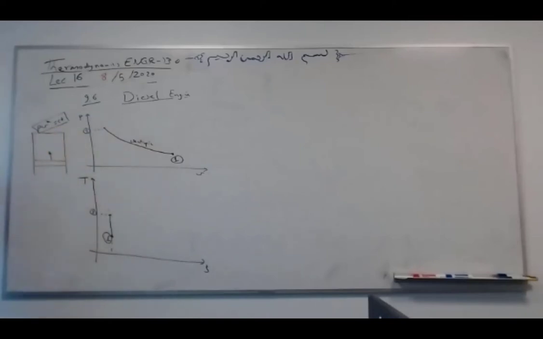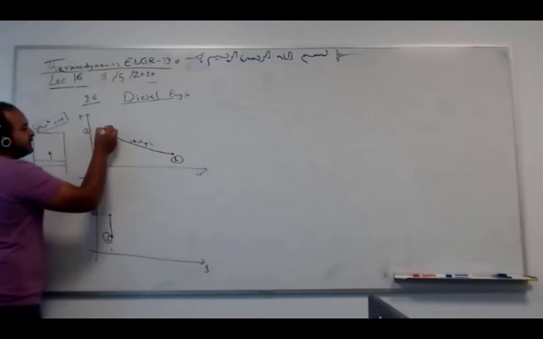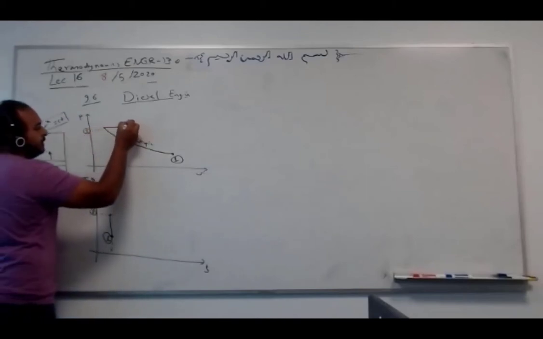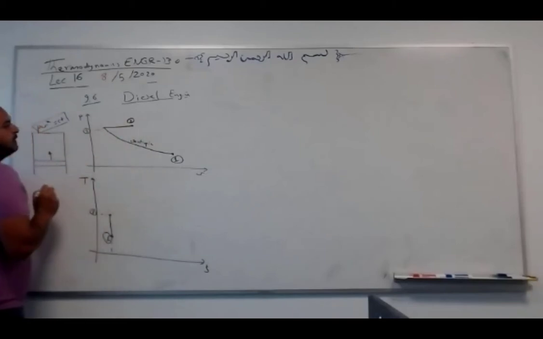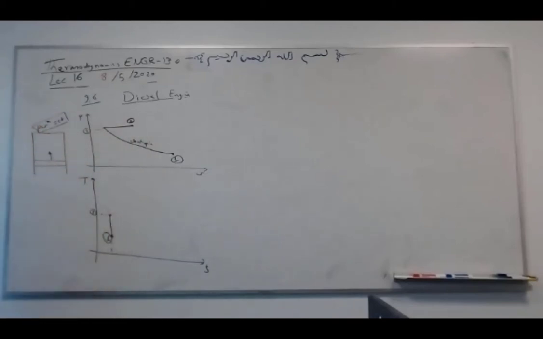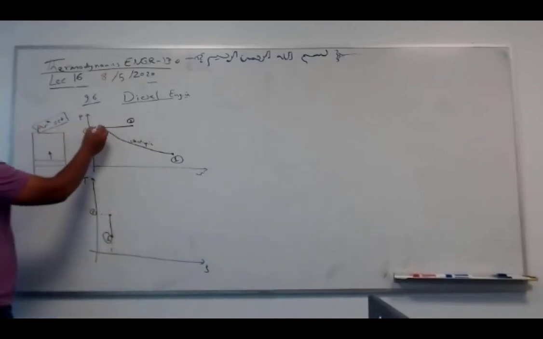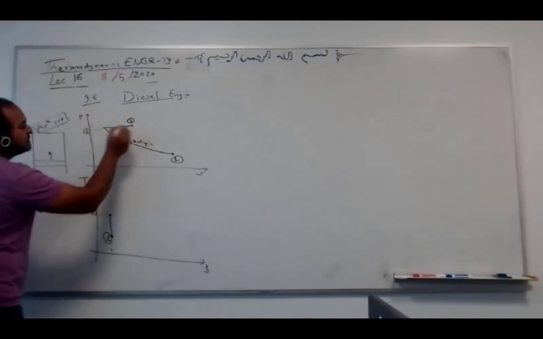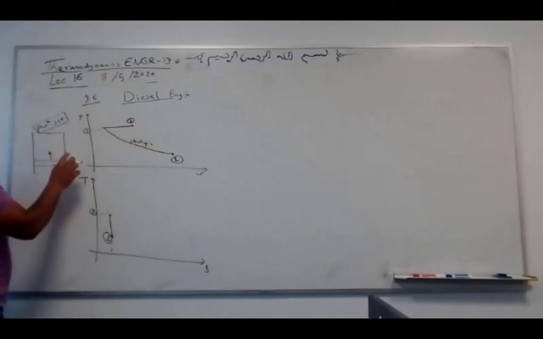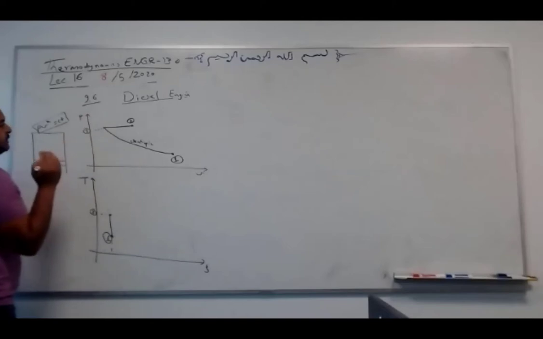Unlike the Otto cycle, where I burn at constant volume, assuming a fixed volume, here the burning is at constant pressure. That's the difference. In Otto, we go vertically; in diesel, we go horizontally, at constant pressure. Otto was constant volume between 2 and 3.